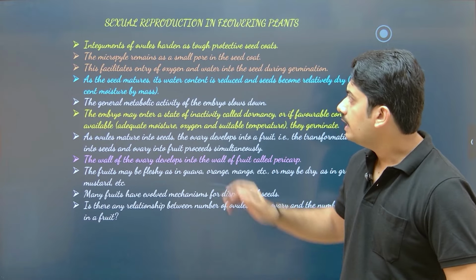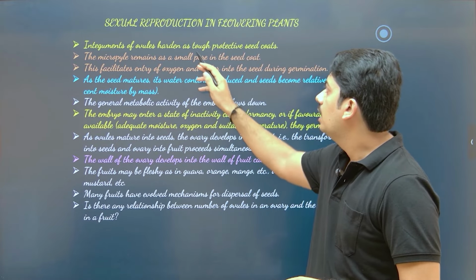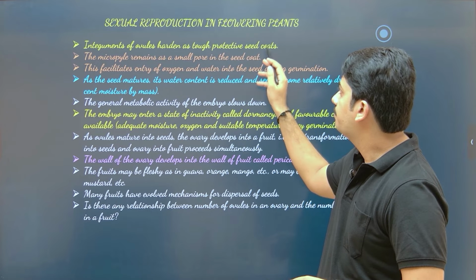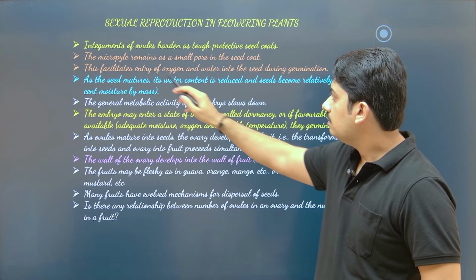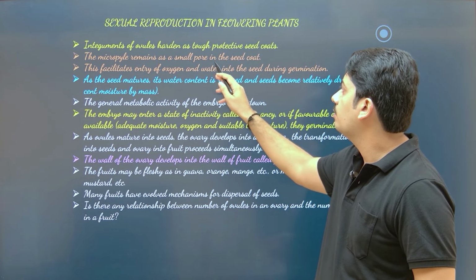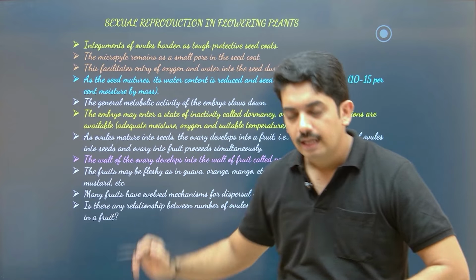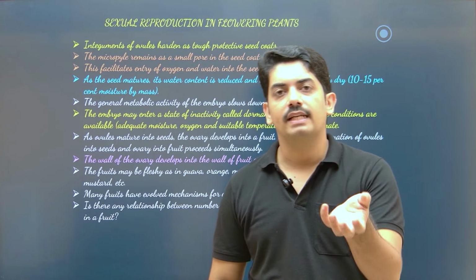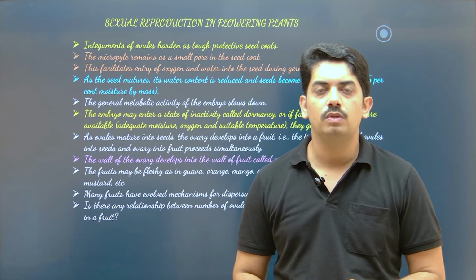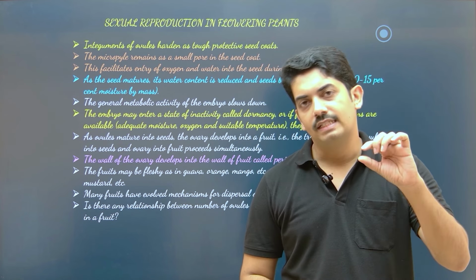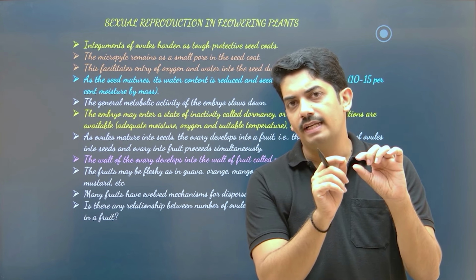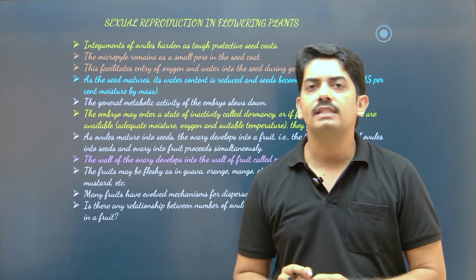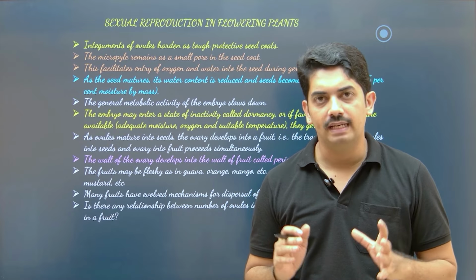Now, integuments of the ovule harden as tough protective seed coats. The micropyle remains as a small pore in the seed coat. If you observe any of the seeds, like you take the example of Kabuli channa, observe its end. At one point there is a hole. That hole is nothing but what? Actually a micropylar region.